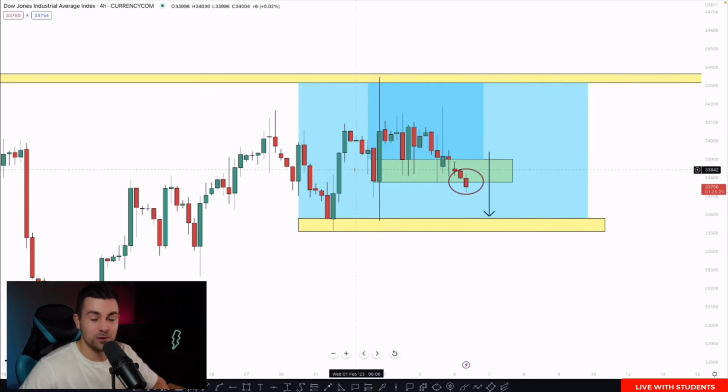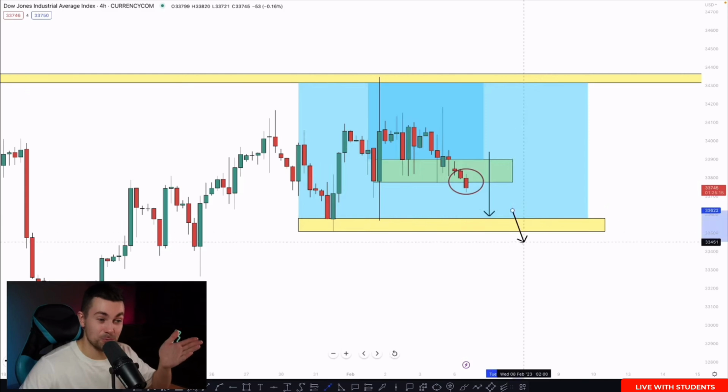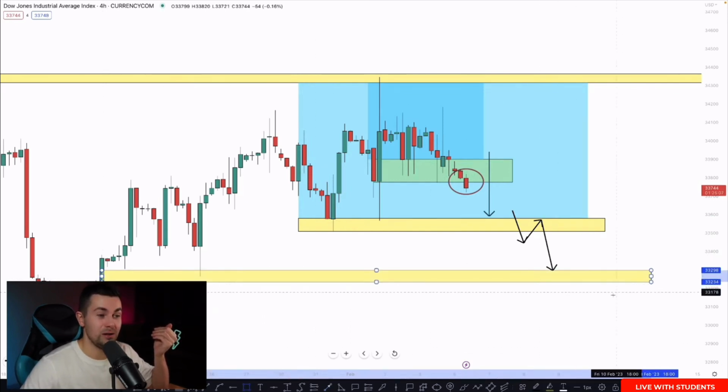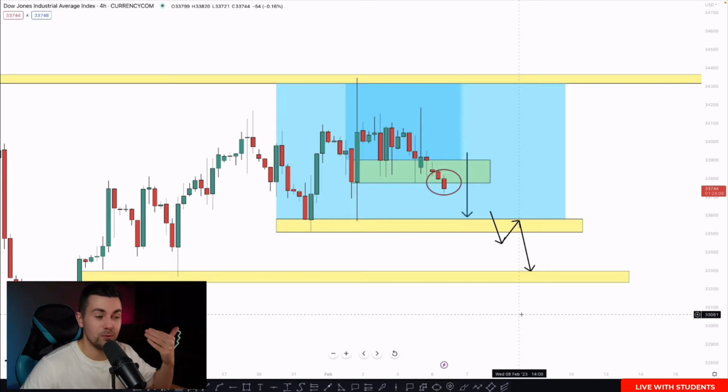The bigger range. We have two ranges right here. We have a smaller range and the bigger range. The breakout of the support of the smaller range will push the market to the support of the bigger range. And if the price then breaks and closes below the support of the bigger range, then we will drop lower to that support. So I hope you follow the logic.